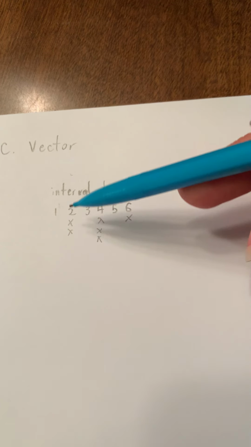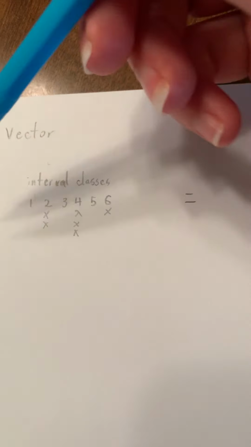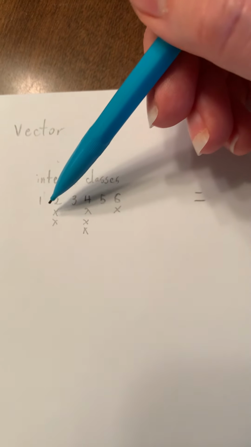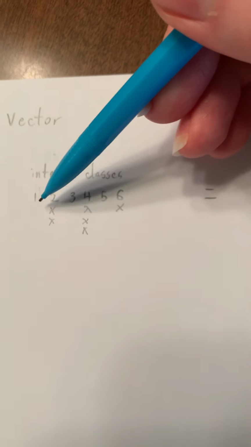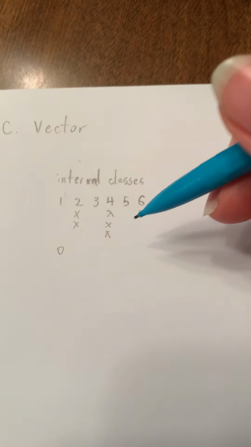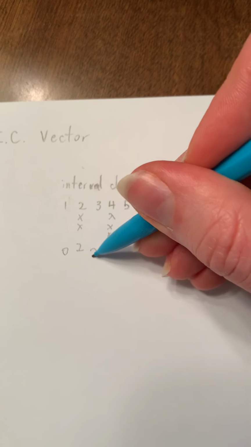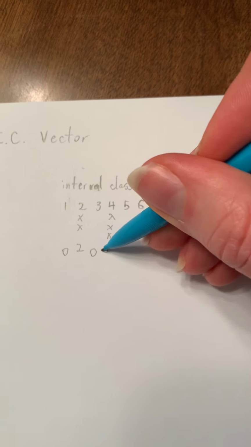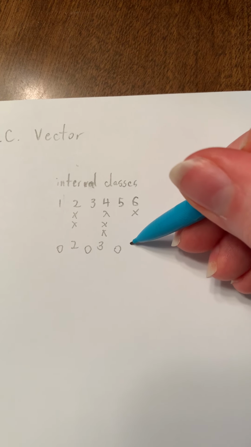So now how do we take this and write it into the answer over here? Basically, you look at how many you have in each of the columns and you just put the number of how many you found for each interval class. So we didn't have any IC1, we had 2 IC2s, 0 IC3s, 3 IC4s, 0 IC5, and 1 IC6.